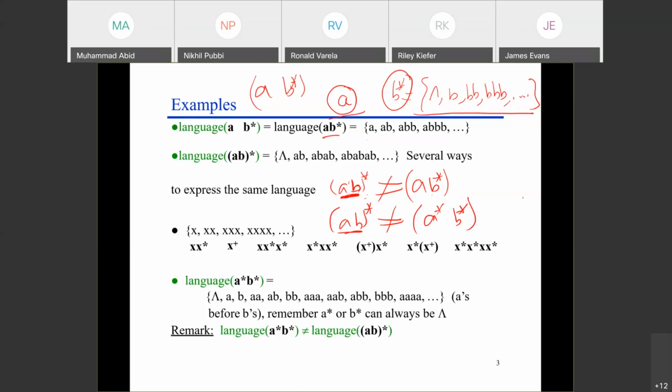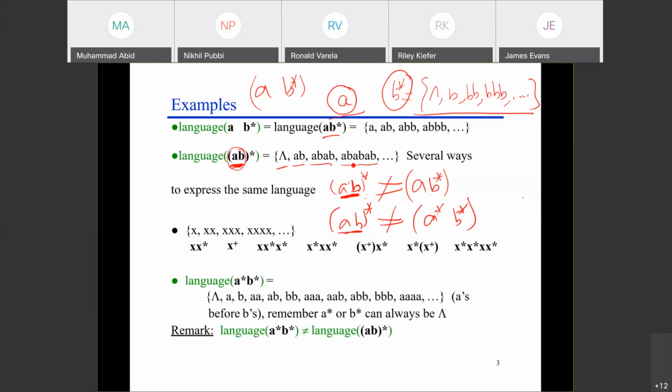So now when you have (AB)*, because this whole thing is one term and it has a star there, we might have this term or we might not have this term because of the star, so we have lambda there. And we have AB there, and then we repeat this term again and again, might be two times AB, three times AB.